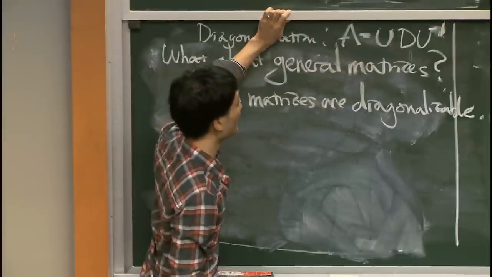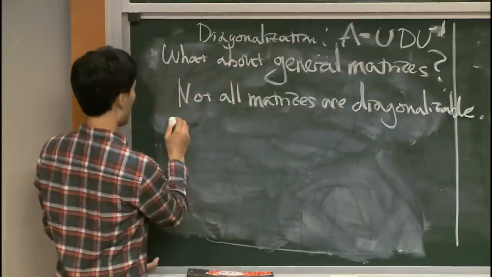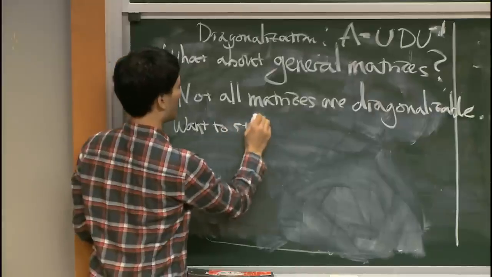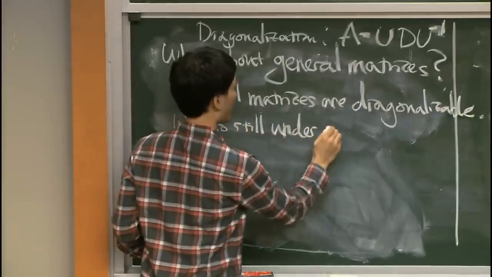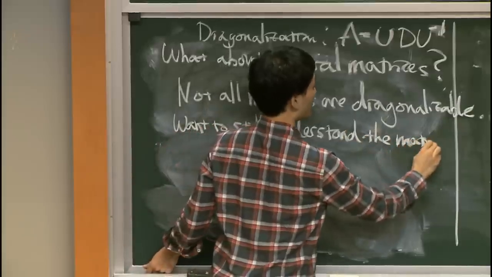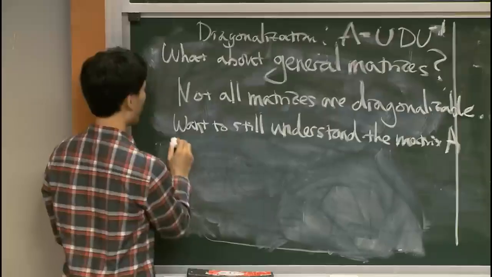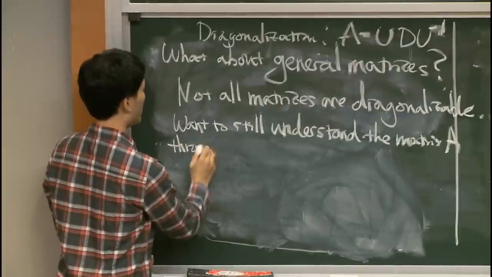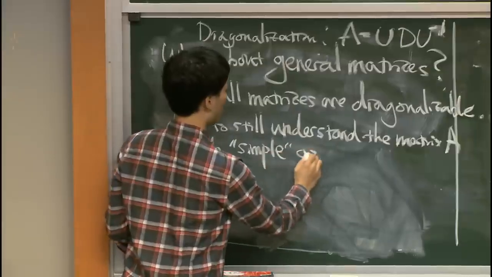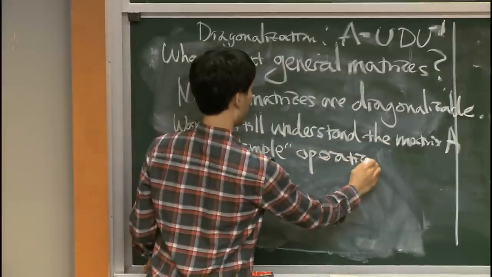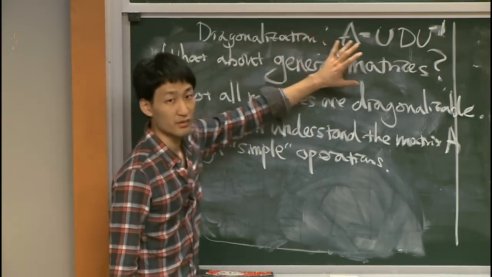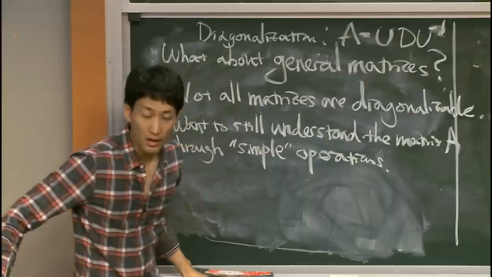Our goal is to still understand the given matrix A through simple operations, such as scaling. When the matrix was diagonalizable, this was possible.